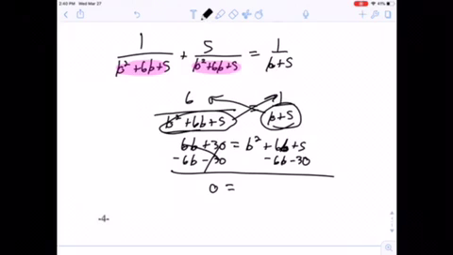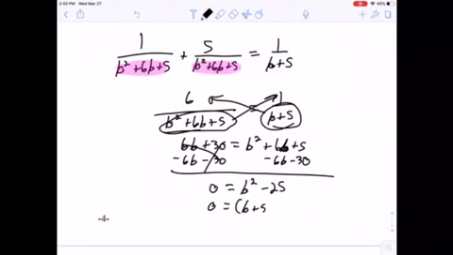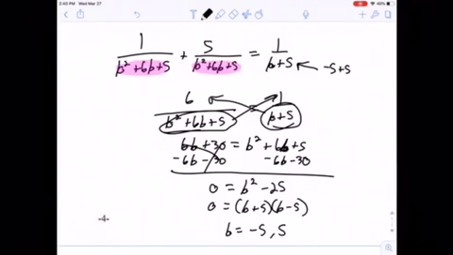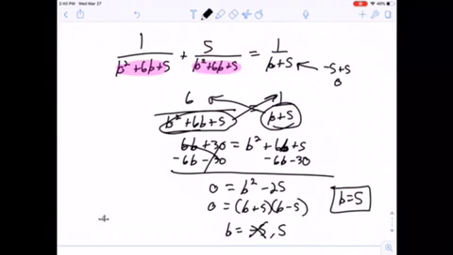So we get 0 equals b squared minus 25. Difference of two squares, so that's (b plus 5)(b minus 5), which means we're going to get b equals negative 5 and positive 5. But if we look again, right here, if we put negative 5 in for b, we're going to get a denominator of 0. So negative 5 cannot be an answer for b, and we just get b equals 5.